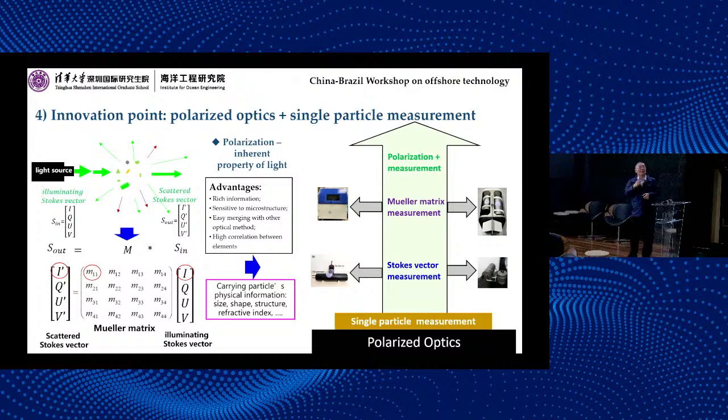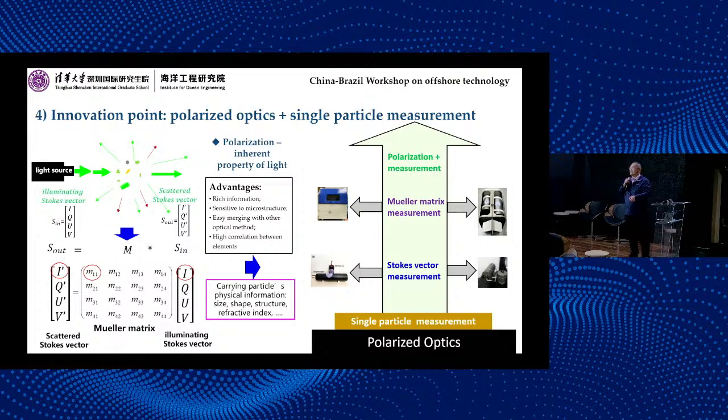It's just optics: we use the Stokes vector to describe the polarization of light. Here is the input, and here is the output. By comparing the output with the input, we get the information about the particles.